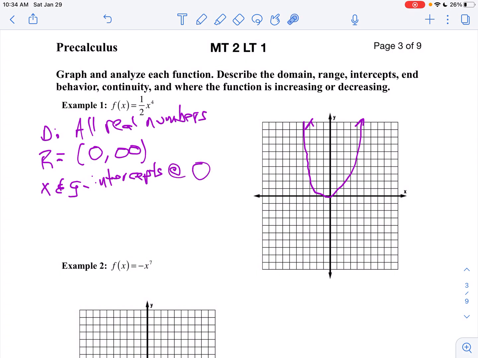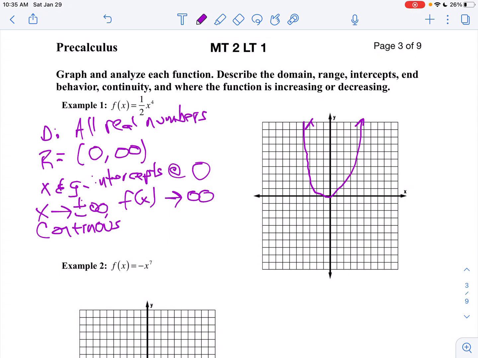It crosses the x-axis at 0 and the y-axis at 0. The end behavior, notice, as x approaches positive or negative infinity, f of x approaches positive infinity. The continuity, it's continuous. I don't have to lift up my pencil to draw my graph.